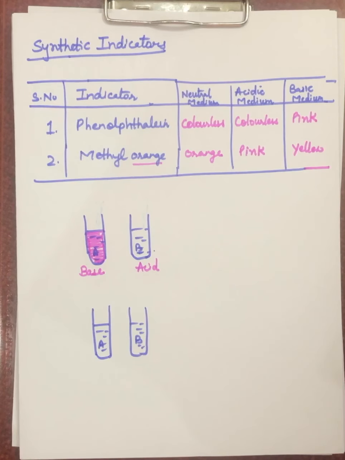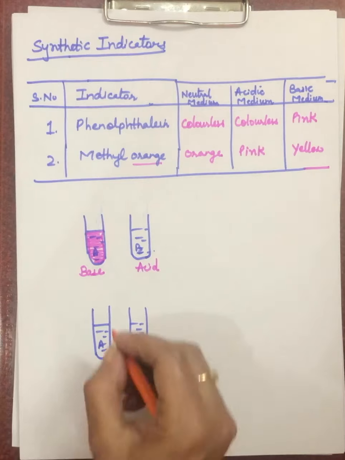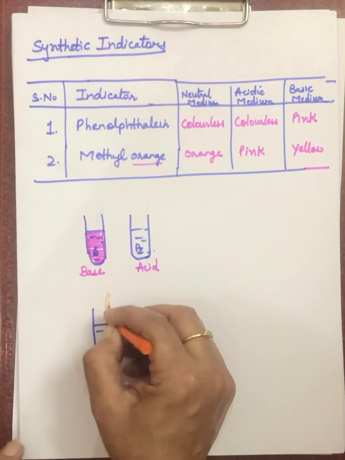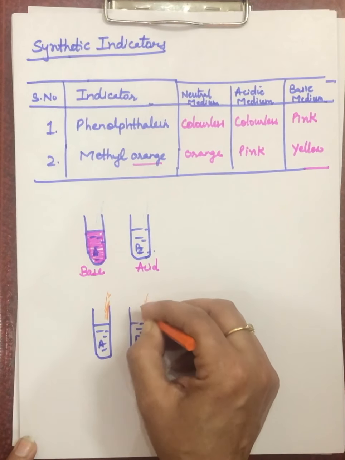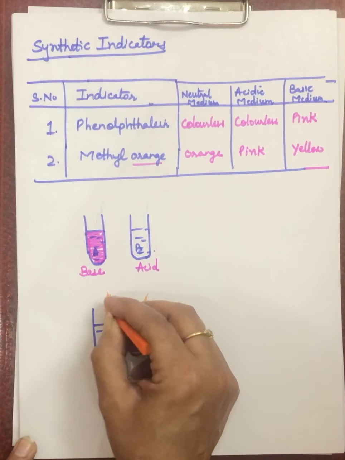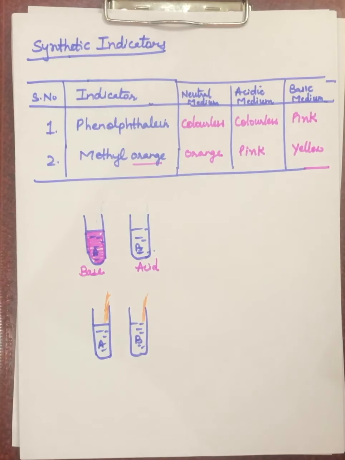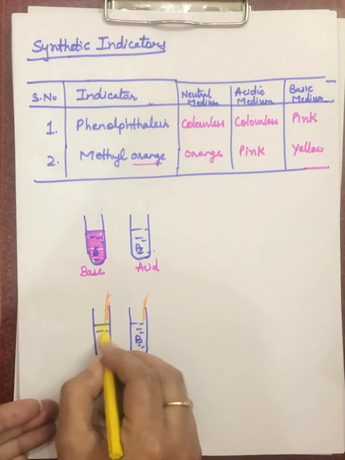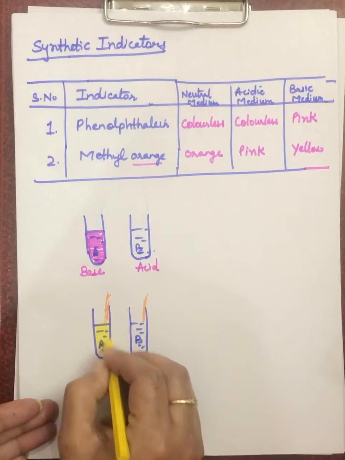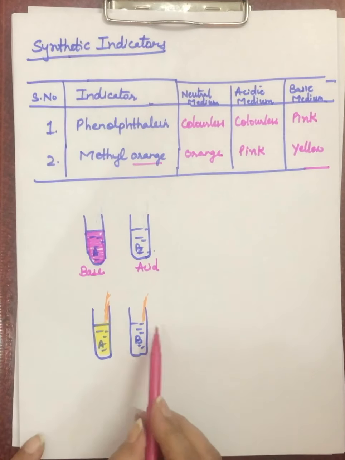Methyl orange, its original color is orange, and this orange color solution we are adding to the two test tubes. Now in one its color will change to pink, in another one its color will change to yellow. Suppose this one is changing to yellow and this one is changing to pink color.